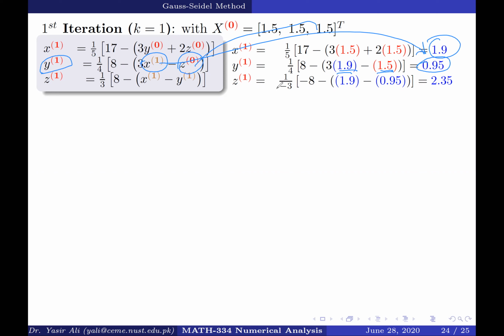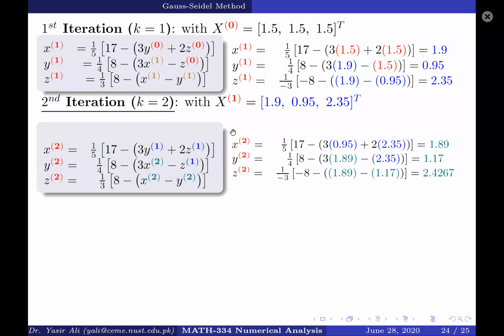Now, when I try to calculate z1, both of the values, x and y, are available, and I will use both of these values to get the first iteration of z. In this way, I can calculate the first iteration.